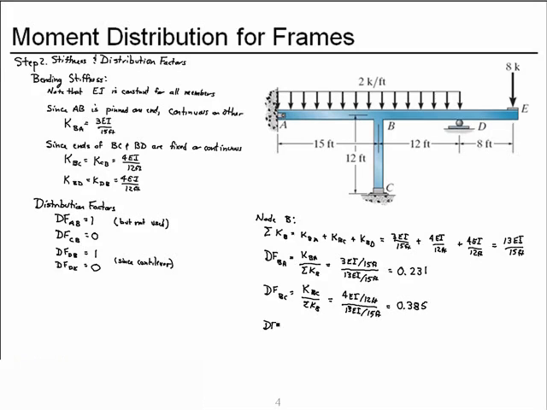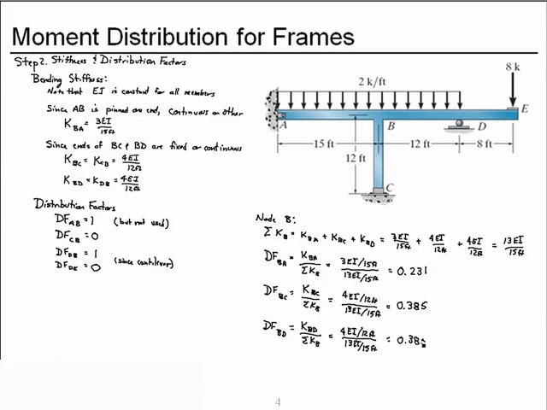And then the distribution factor for member BD is the stiffness of member BD over the summation for all of the stiffnesses at that node, and it's exactly the same as the previous, 4 EI over 12 feet divided by 13 EI over 15 feet, so it is 0.385.